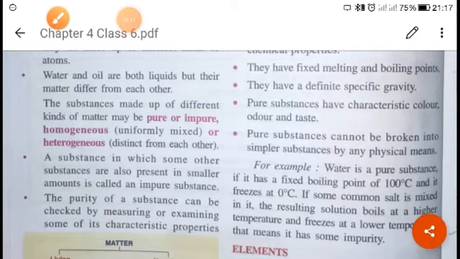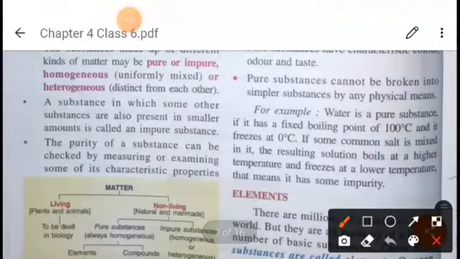Okay, now next is what we can say, a substance in which some other substance are also present in smaller amount is called impure substance. Again, I will give you one example for impure substance.